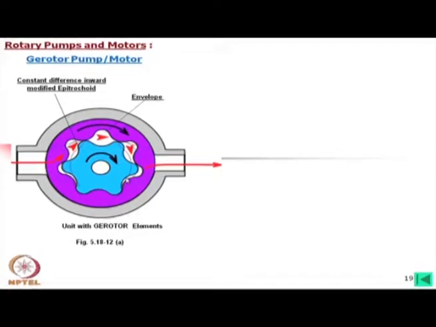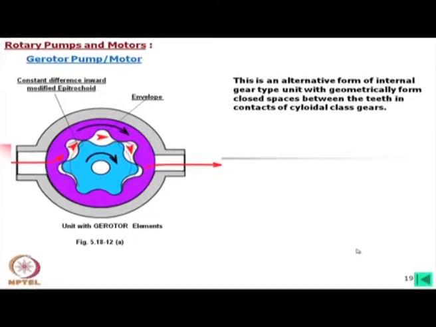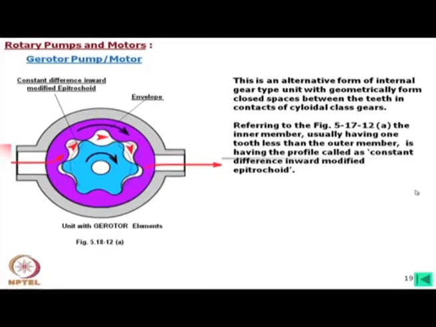Now, these are called gerotor elements. The epitrochoid is a modified curve of the cycloidal class of gears. You know how these profiles are generated.